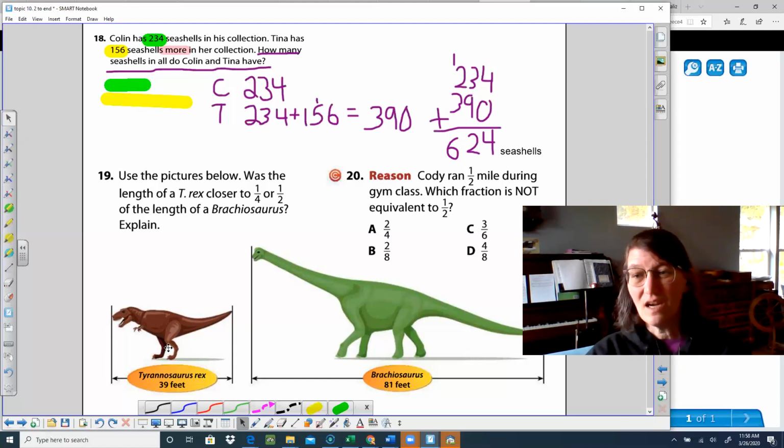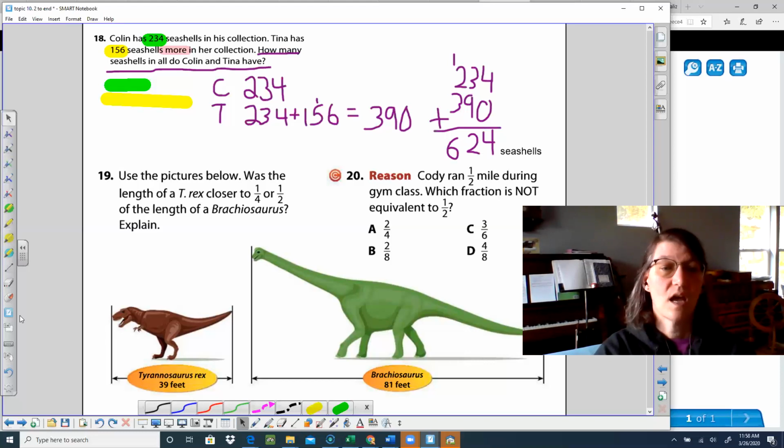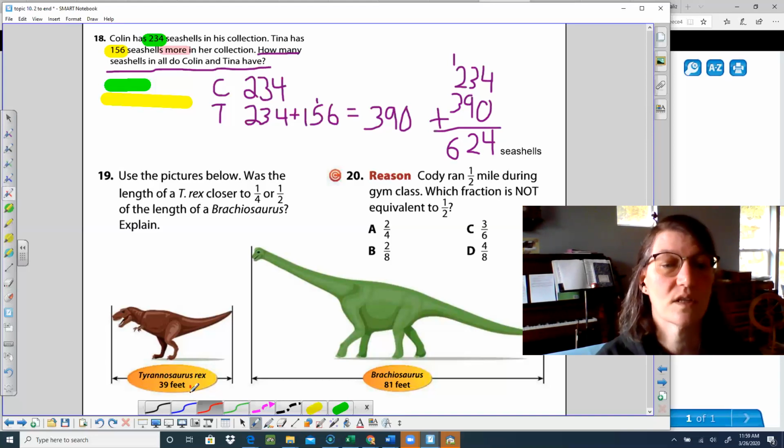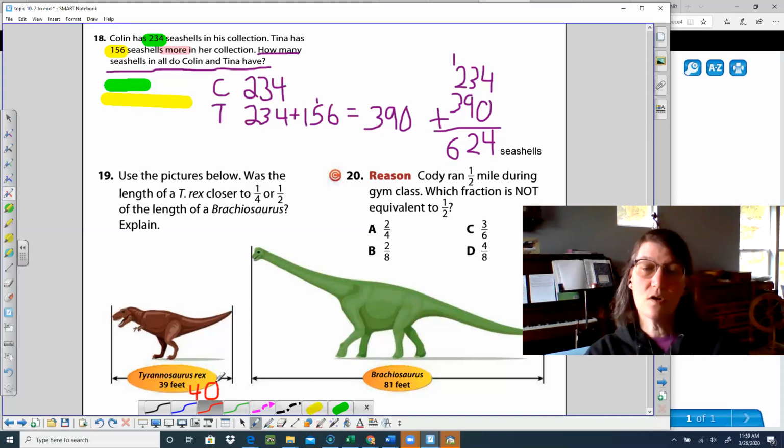So on this one, we can actually estimate. As I look at 39, I notice that is really close to what number? Hopefully, you just thought, ooh, that's really close to 40. Now, the Brachiosaurus is 81. What is that really close to?